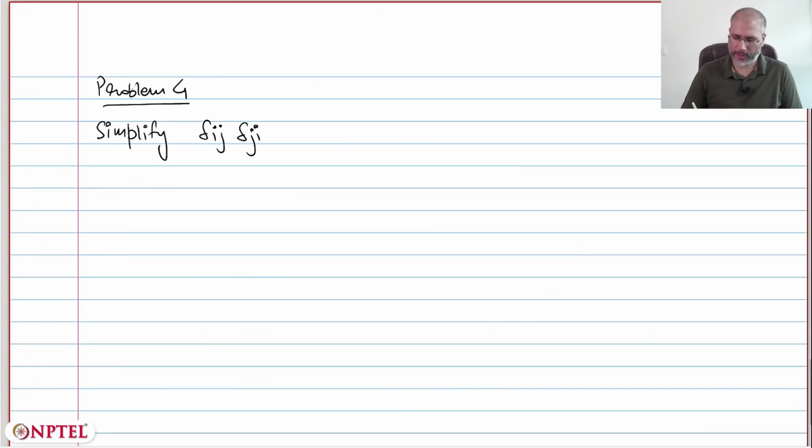The problem says that we have to simplify delta ij, delta ji. So let's see what this simplifies to. In this case, we can apply the substitution property. So let's write it down.